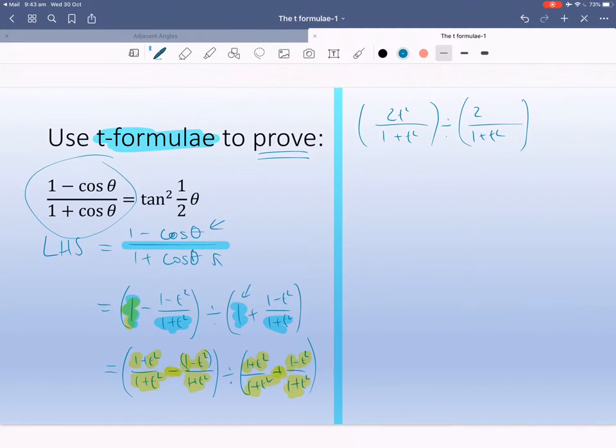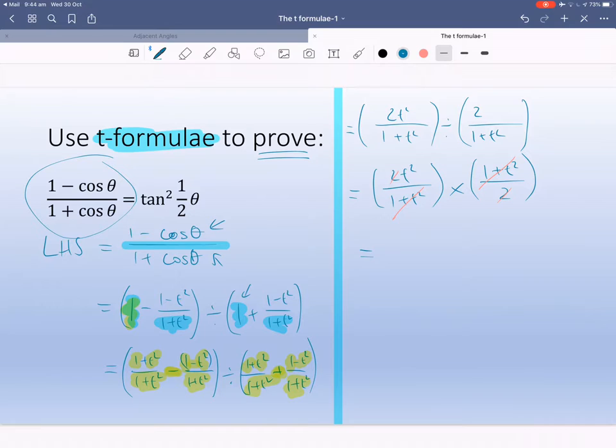All right. Now, because we're dividing, I'm going to times it, and I'm going to flip it over. So I'm going to go 2t squared over 1 plus t squared times 1 plus t squared over 2. And now I'm going to grab my pen and start cancelling things out. So I can cancel that with that, and I can cancel that with that.